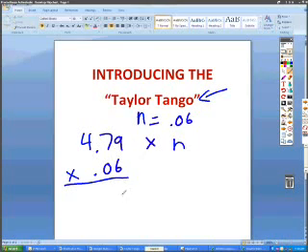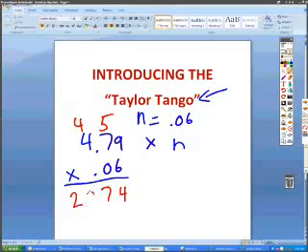So 9 times 6 is 54. Carry your 5. 6 times 7 is 42. Plus 5 is 47. Carry your 4. 6 times 4 is 24. Plus 4 is 28. So we have 2,874. Now, we have to find out where the decimal point goes here in the product. Again, the product is the answer to a multiplication problem. So, 1, 2, 3, 4. Taylor Tango.